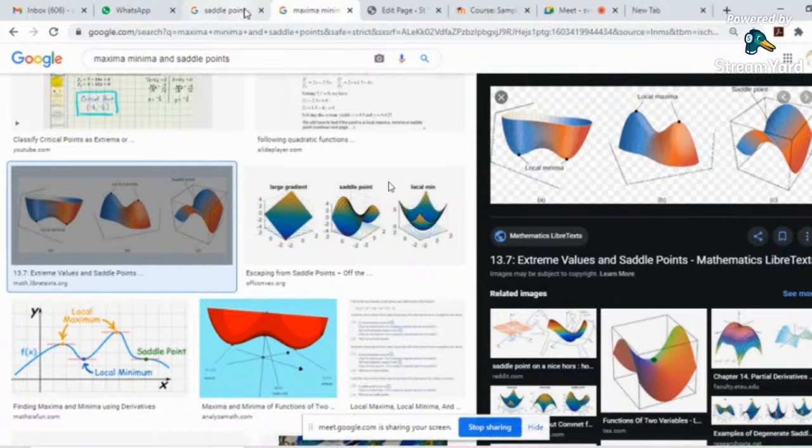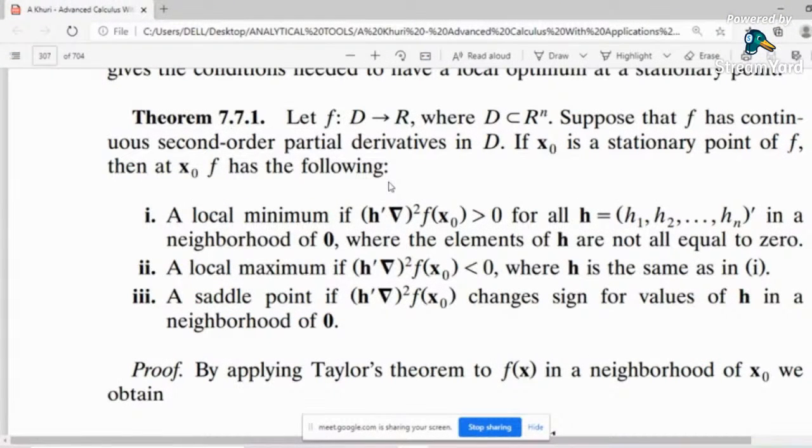In the univariate case, we know that f double dash is positive. In the multivariate case, we can represent it like this: h prime del square f of x naught greater than 0 for all h equal to (h1, h2, ..., hn) prime in a neighborhood of 0, where the elements of h are not all equal to 0.